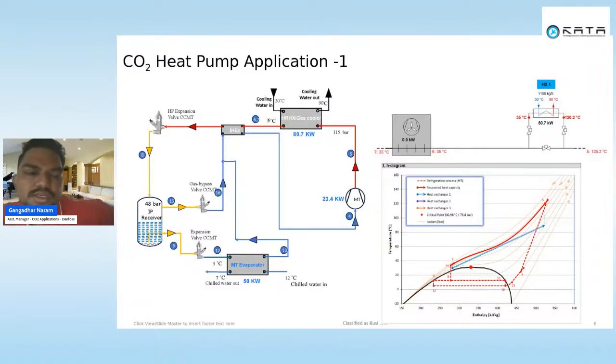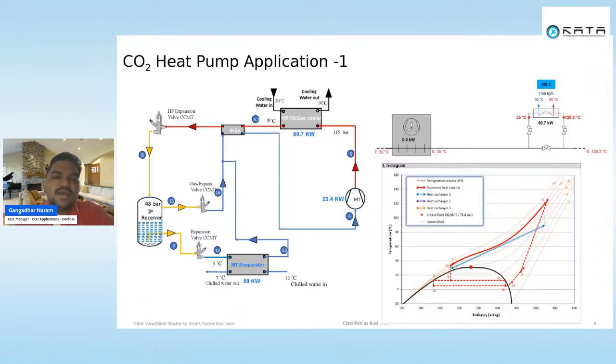So this 81 kilowatt load, instead of rejecting to the atmosphere through any air cooled or water cooled gas coolers, I would like to recover all this heat to the water. For example, in an industry there is a boiler, and that boiler is used for generating hot water of 90 or 100 degrees centigrade.